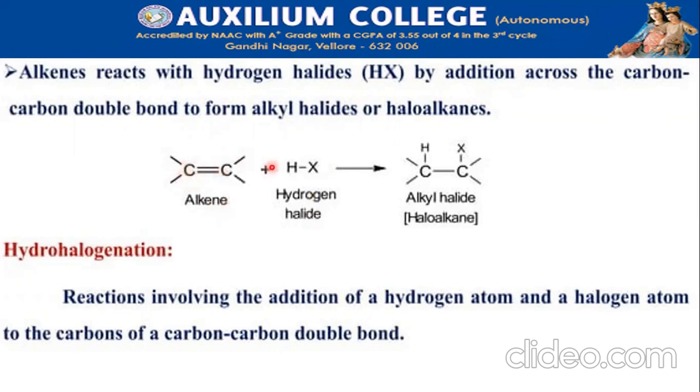So an alkene is added with the hydrogen halide HX, which can form a haloalkane. This is hydrohalogenation: the reaction involving the addition of a hydrogen atom and a halogen atom to the carbons of a carbon-carbon double bond. Here you can see hydrohalogenation of an alkene forming the haloalkane.